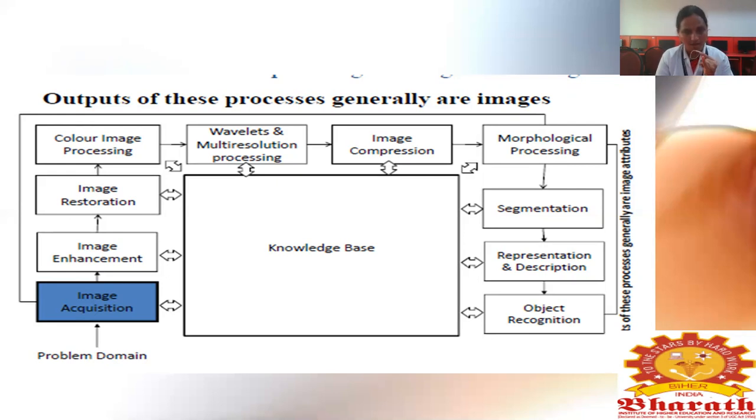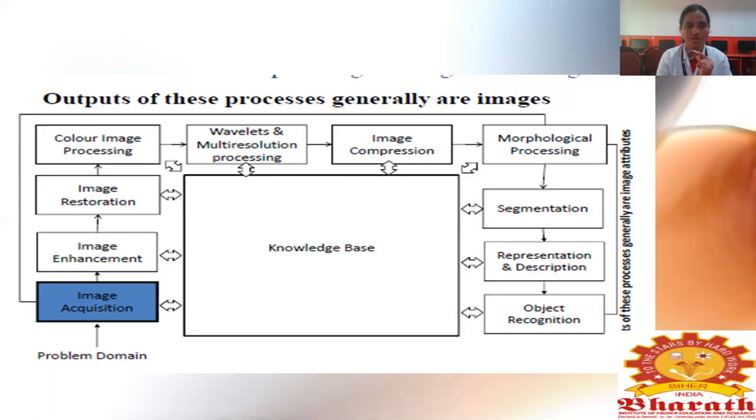The next one is color image processing. Here we have color image processing as well as pseudo color image processing. In this we are going to process the image based on the color. When we work on images with their pixel intensity, we can go for color image processing.